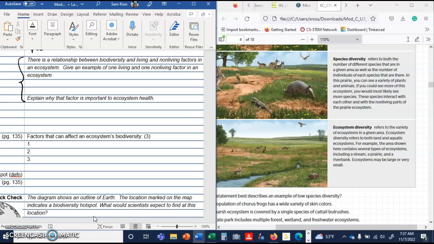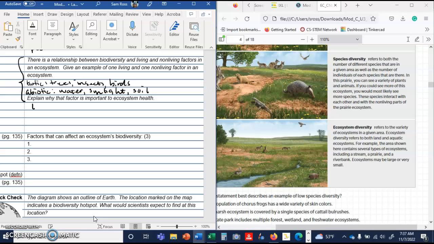So if I go with the biotic, we've got trees, insects, birds, and then the abiotic or non-living: water, sunlight, soil. And explain why that factor is important to ecosystem health.